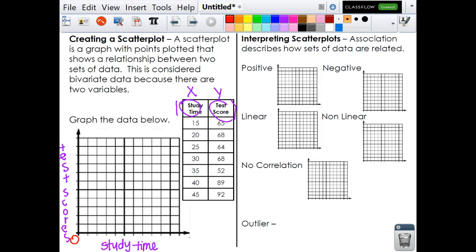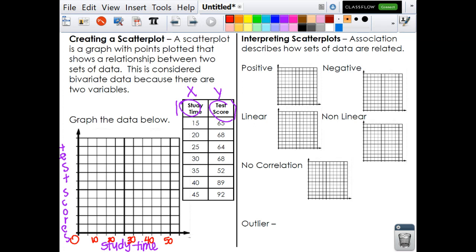So what do you want to count by? Fives. Let's count by fives. I know that I'm counting by fives, but I'm only going to label every other one by tens, just so my x-axis doesn't get super crowded. So I skipped lines, but it's still counted by fives.